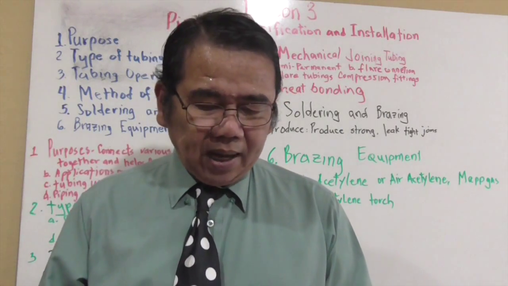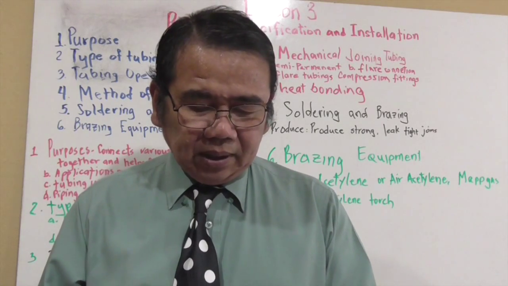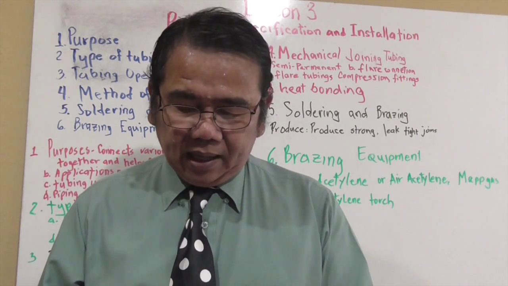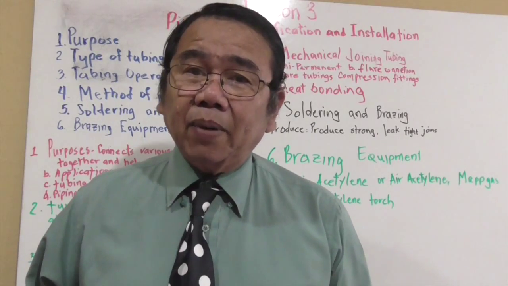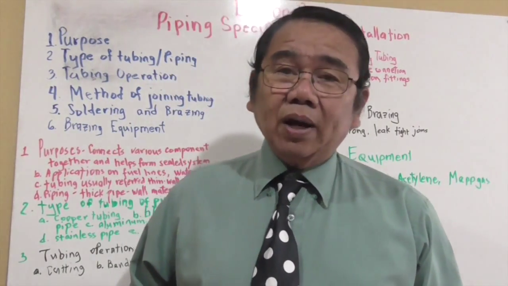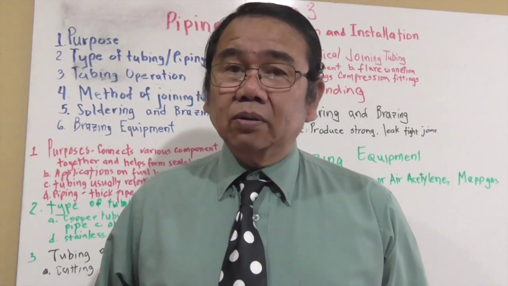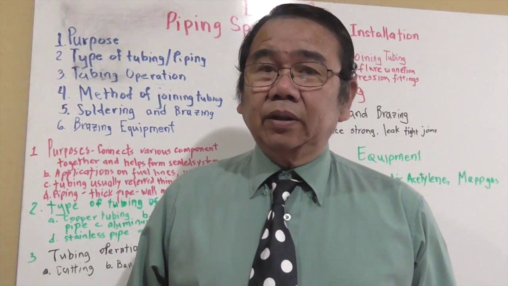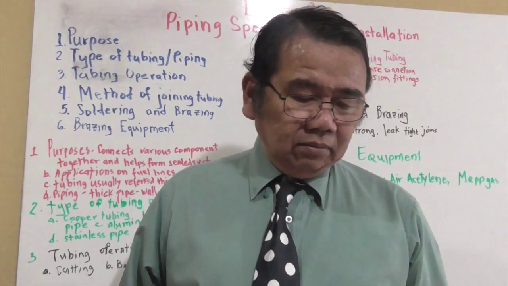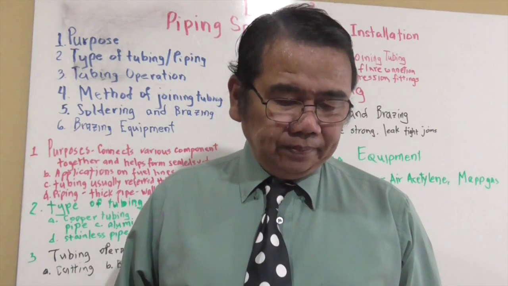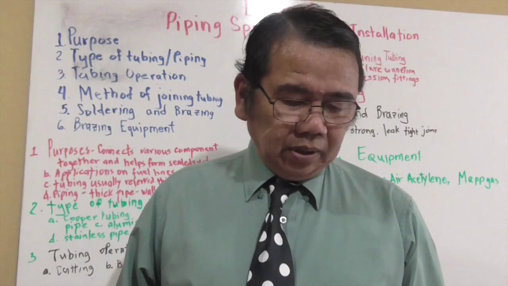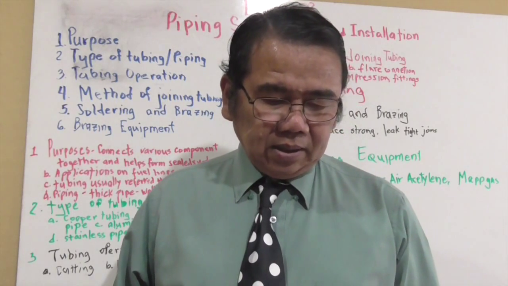And then the next material we have is stainless steel tubing and black iron pipe. Used on gas piping. When you work on the heater in the house, then you will use this type of material when you work on the gas system.